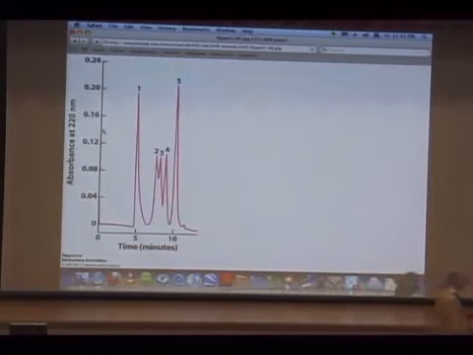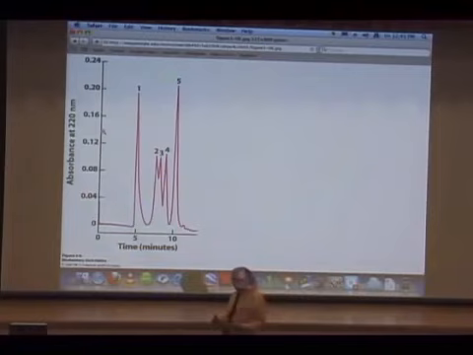It separates on the basis of polarity. Not on the basis of charge, but on the basis of polarity. The less polar things will, in fact, stay on the column the longest. The most polar things will come off of the column first. Yes?